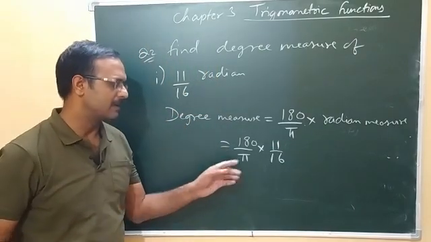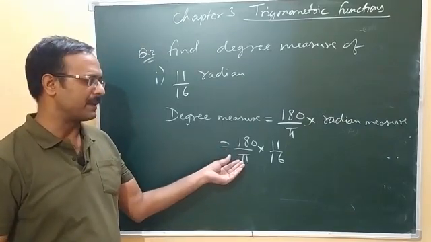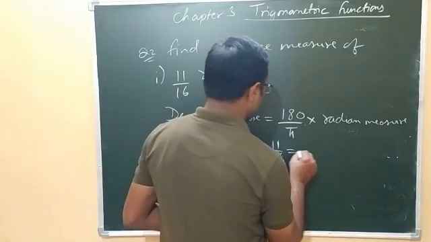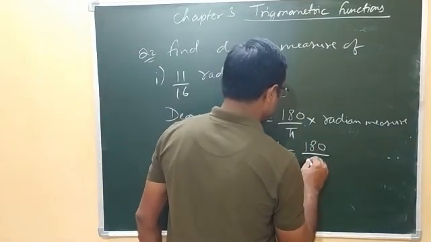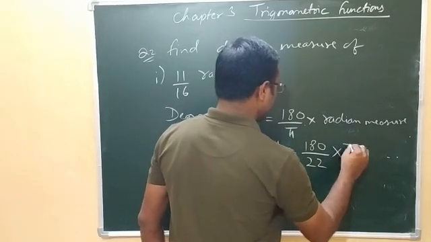Now see here, pi is given. You have to put the value of pi here, because you want it in degree, so pi should not be there. So we will put the value of pi, that is 22 upon 7, so 180 upon 22 multiplied by 7 will go upside.